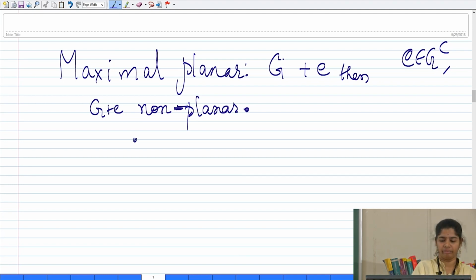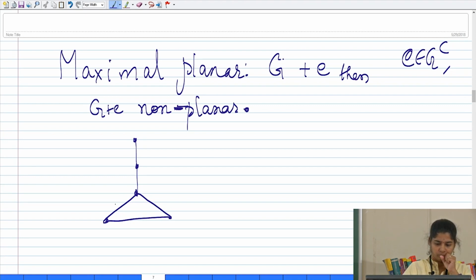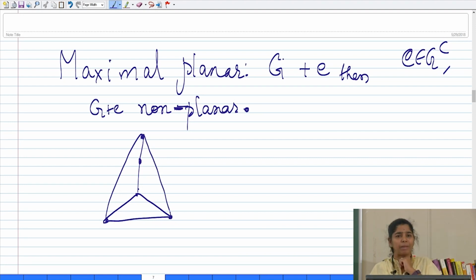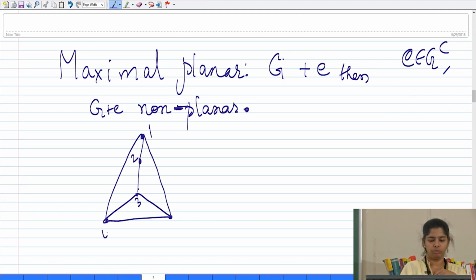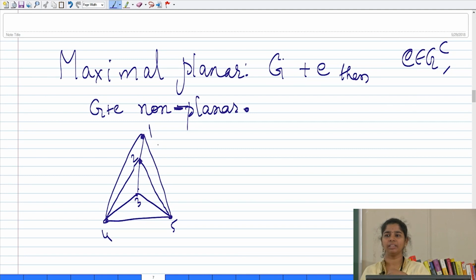Say suppose I have... is it maximal planar? So what other edge can I add to this? Say I have 1, 2, 3, 4, 5. 2, 4 and 2, 5, right. I can still add these 2 edges. Any more? So what have we done in this process?